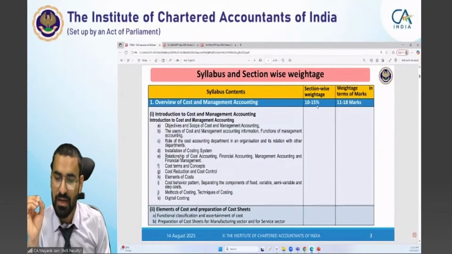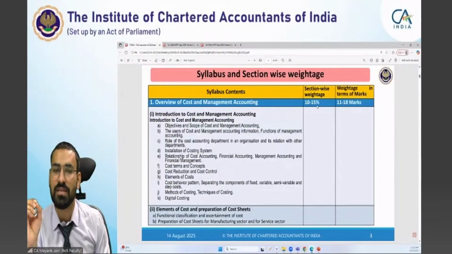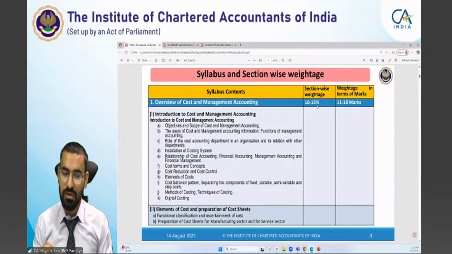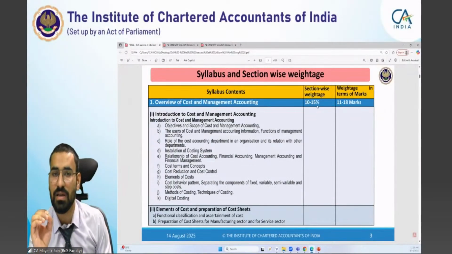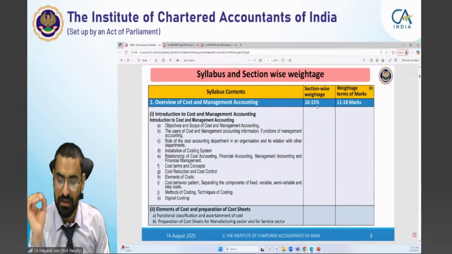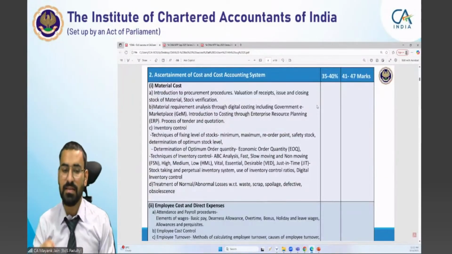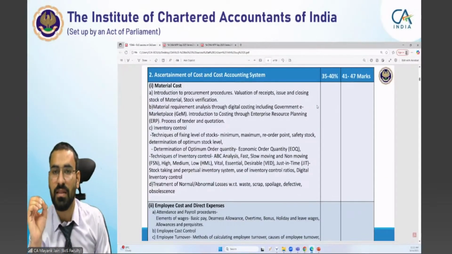This part covers around 11 to 18 marks, which means 10 to 15%. So you have to focus on both the theoretical and the cost sheet part for gaining around 11 to 18 marks in your exam.